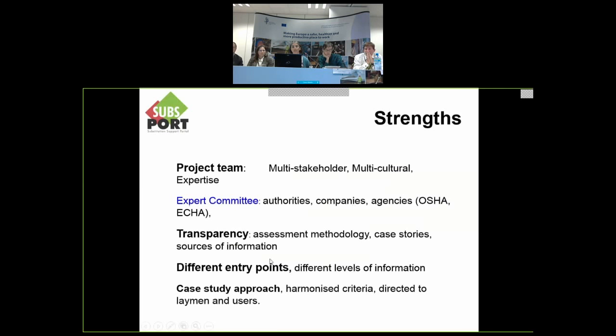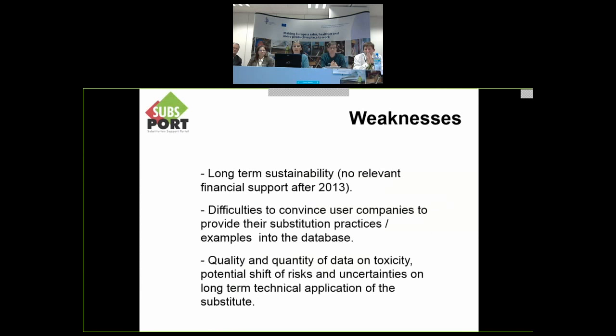It has different entry points for different levels of information, for expert users or for layman users, and of course the case study approach we believe was the most important.